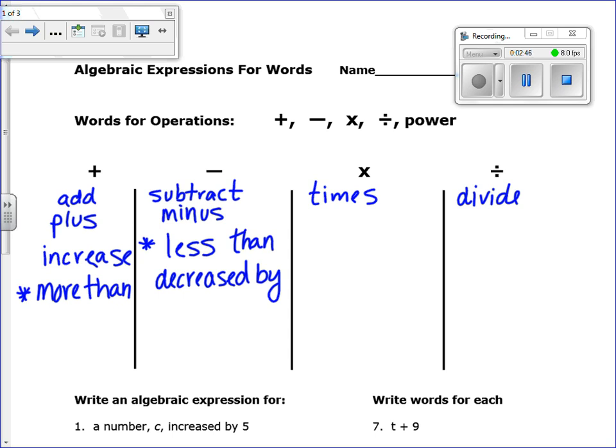For times, I could say multiply. I could say product. And for add and subtract, going back there, the sum of something means that you added it. For subtract, the difference.